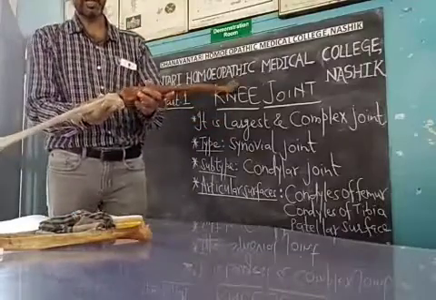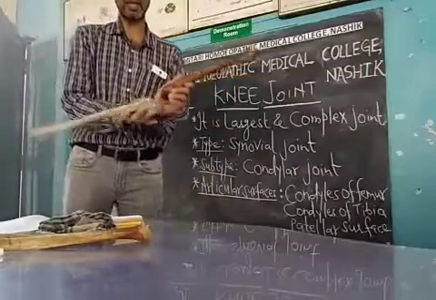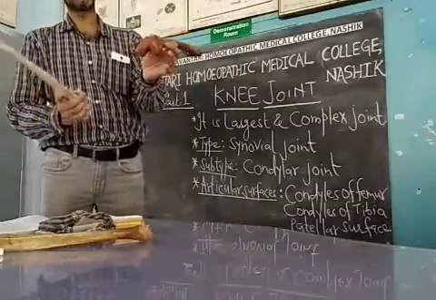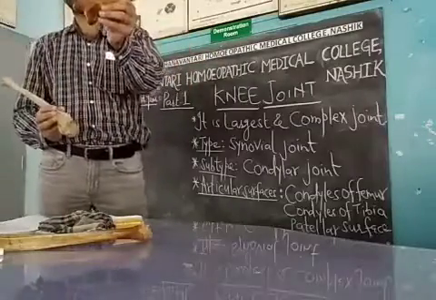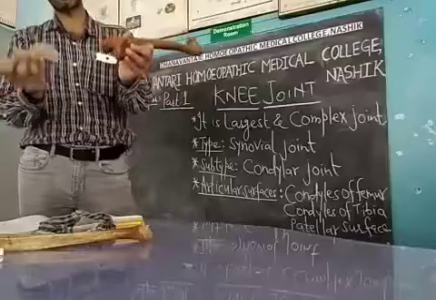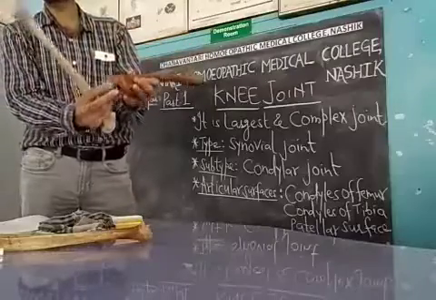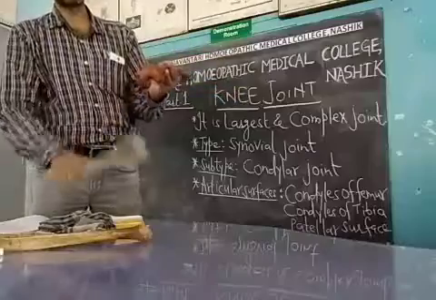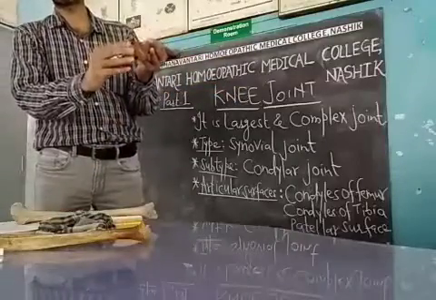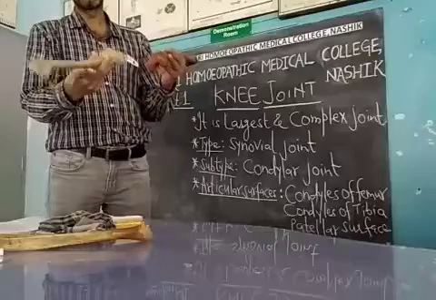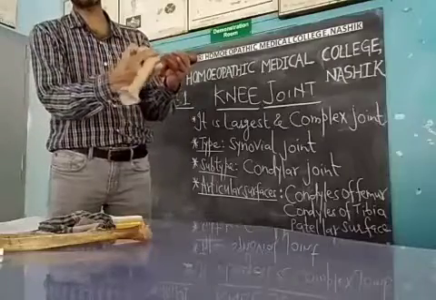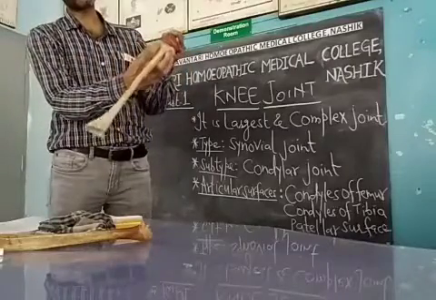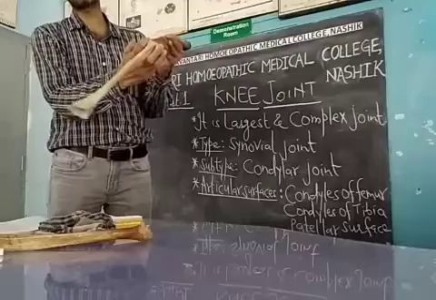Now we'll see here on the bones: this is the femur and this is the tibia. These are the condyles of the femur and these are the condyles of the tibia. This is the medial condyle of the femur, and this is the medial condyle of the tibia, therefore this is the medial femorotibial joint.